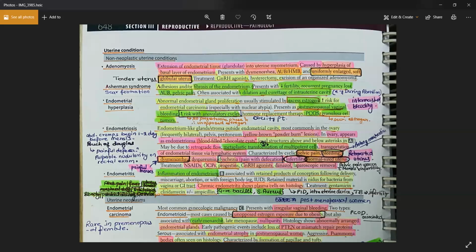So that will act as an inducer for the bacterial inflammation, and that will cause endometritis. This can also happen after an STD. Okay, if the patient got an STD, if this patient got a gonorrhea infection or maybe a chlamydia infection, that can again lead to endometritis, right? The patient will have a history of discharge, pelvic pain will be there, fever will be there, right? Yeah. So these kinds of things will be present in endometritis.